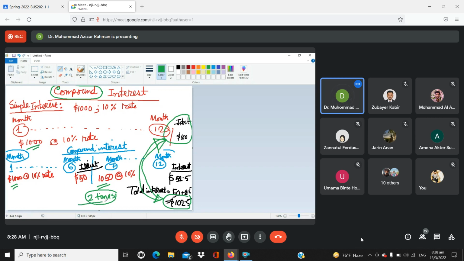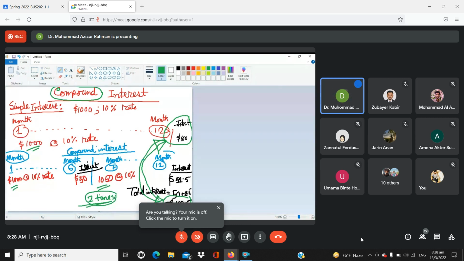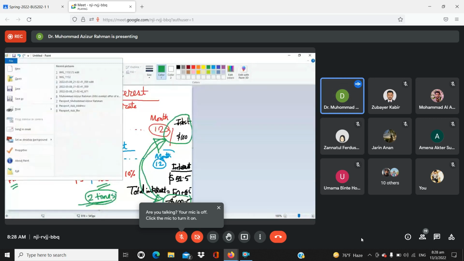That is the important thing. We need to take note when we do the calculation, and we have to use a different formula for compound interest rate also.